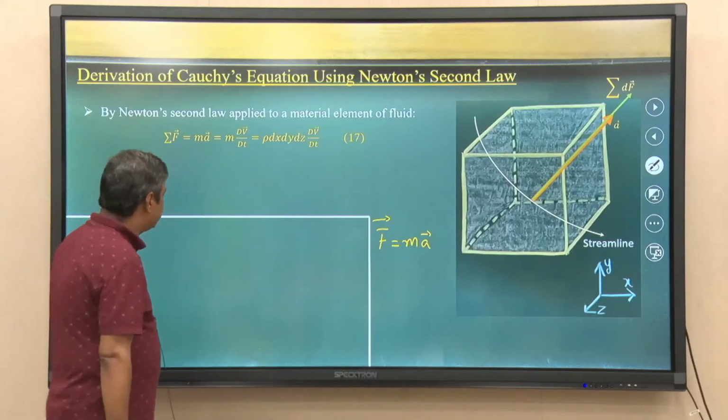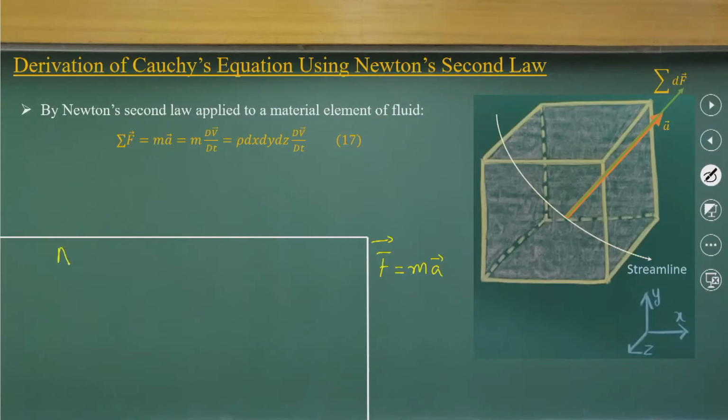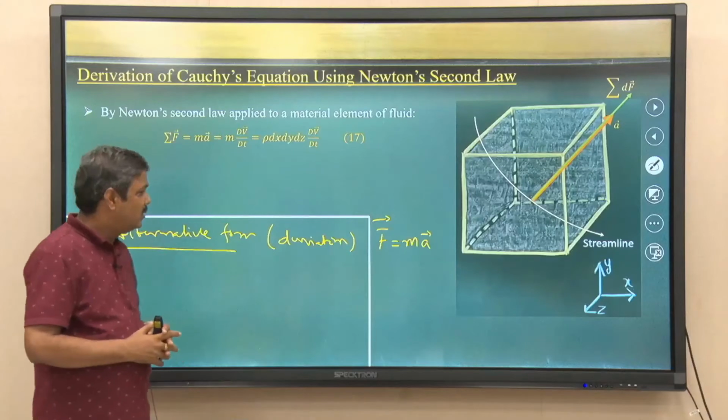So, if you look at these Cauchy's equations, with simple derivations, an alternative form. For more derivations you can go through the Sinha-Simbala book. I am not deriving one by one.